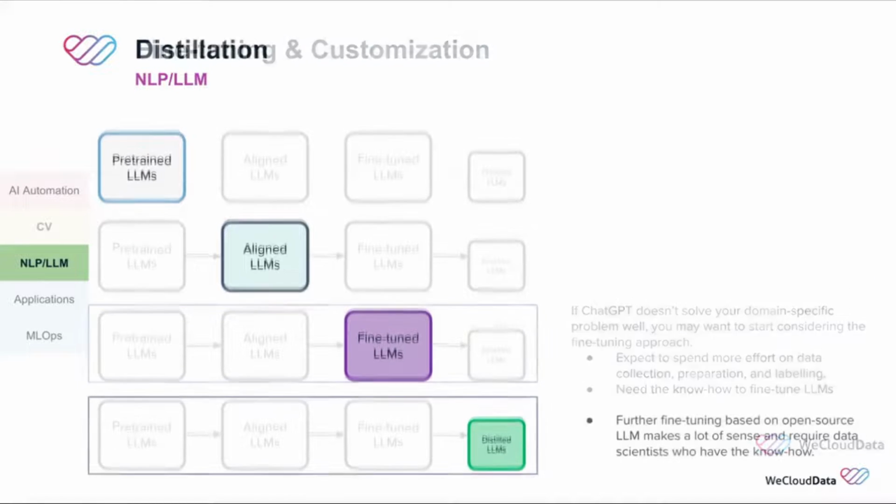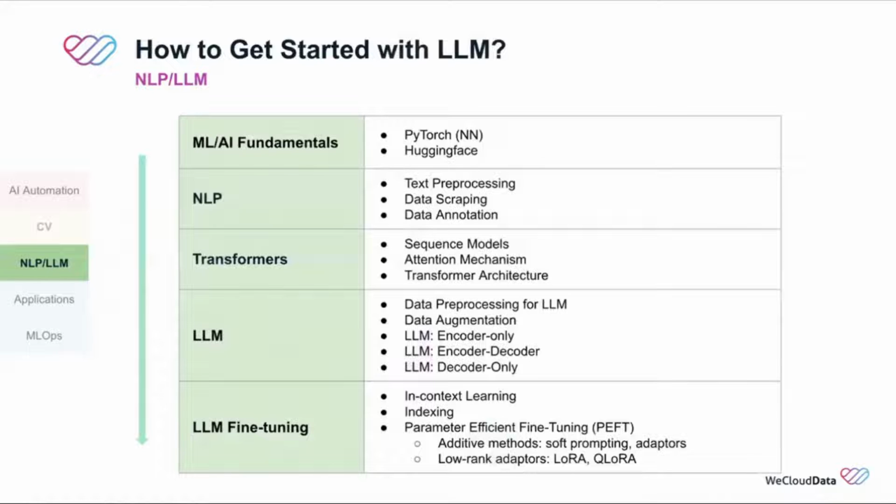in the application section. Okay, so how do we start with NLP and LLM? Again, you need to know the basics of deep learning and machine learning, and be familiar with different libraries such as PyTorch or maybe TensorFlow, Keras, but knowing the basics of scikit-learn is also very important. And then you move on to NLP. Here I mean the traditional text processing and NLP.